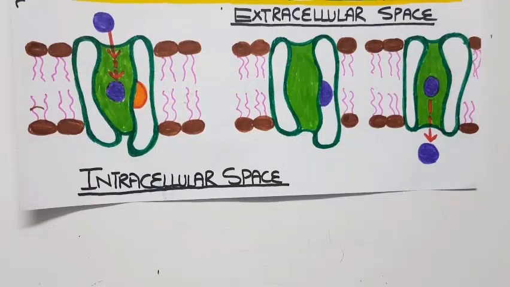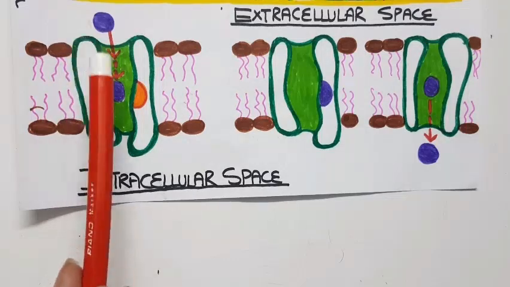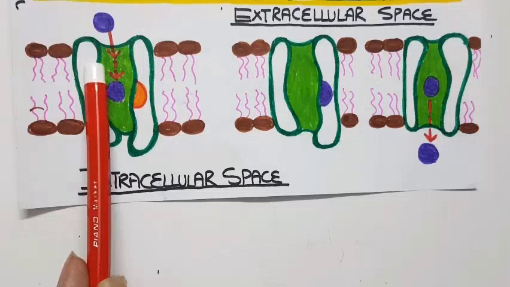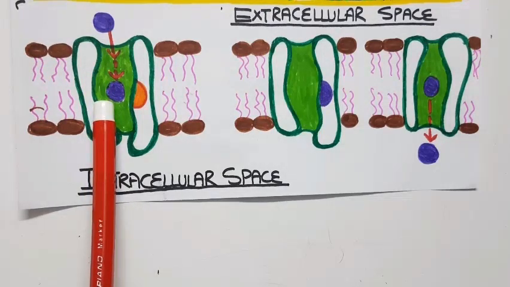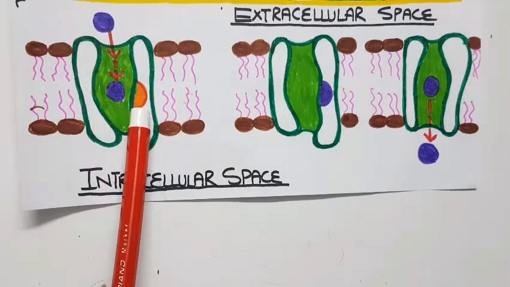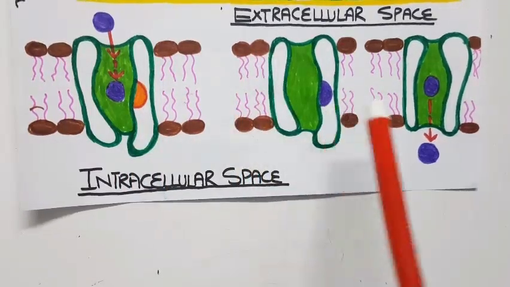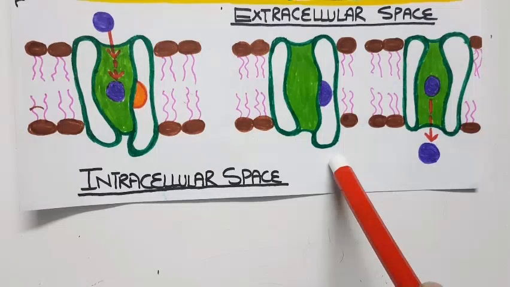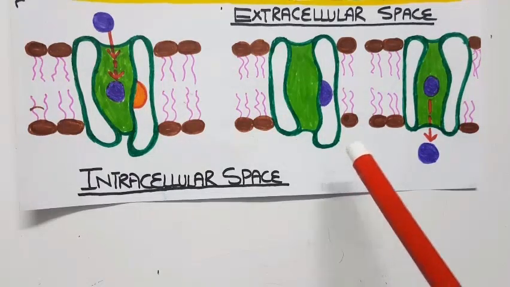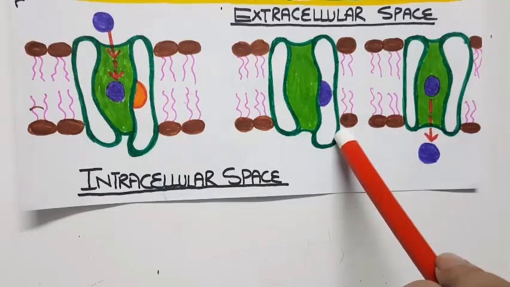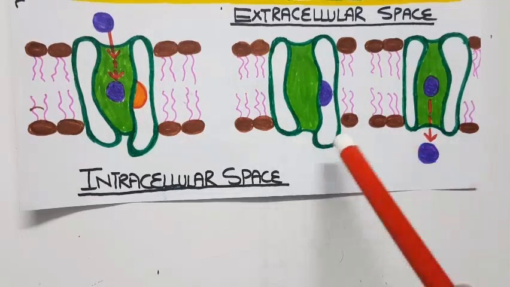The process of facilitated diffusion. What happens is that the molecule to be transported enters into this channel through the pore or opening. It travels downward through this channel and chemically binds to the receptor as seen in this diagram. The moment this occurs, within a fraction of a second, conformational changes occur in this carrier protein as seen in this diagram.